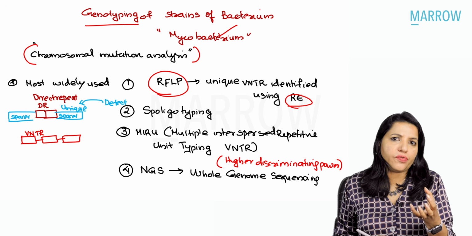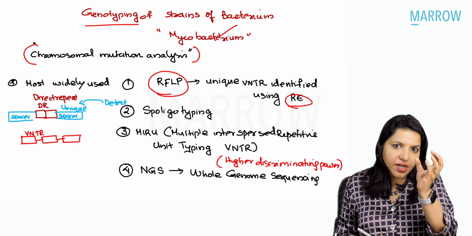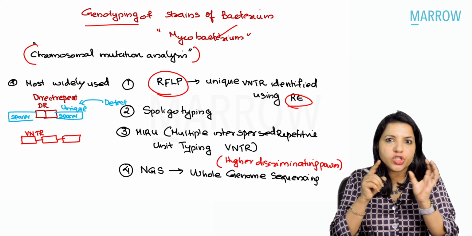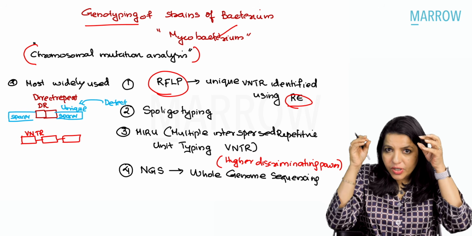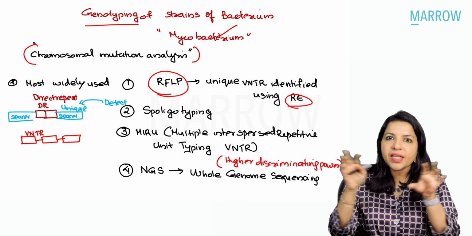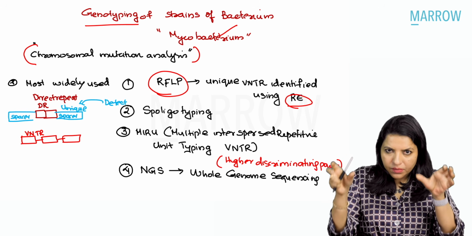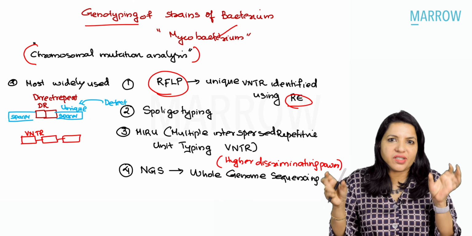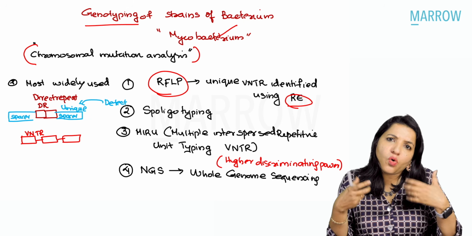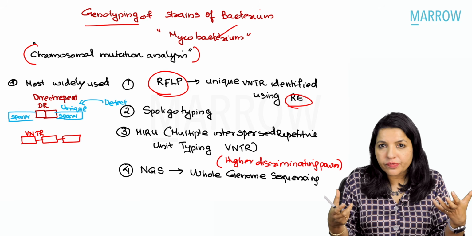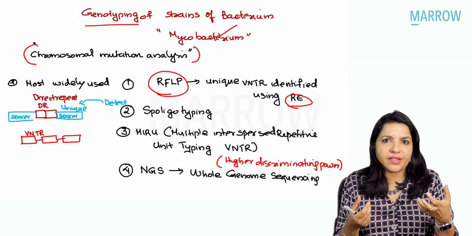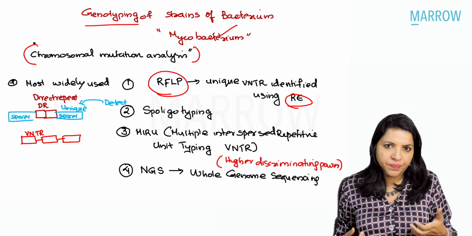There are unique restriction sites in each strain, or if the mutation is in a particular restriction site for a particular restriction enzyme, then the bands produced by the two strains will differ. This is a very old, yet widely popular and easily available technique.